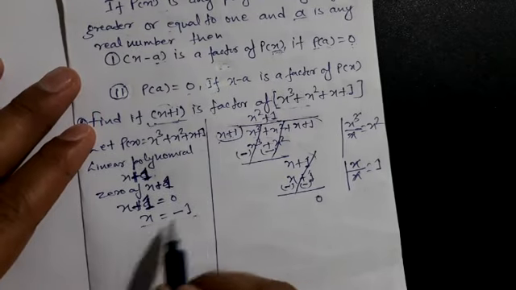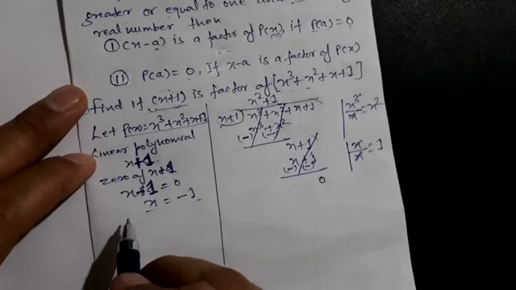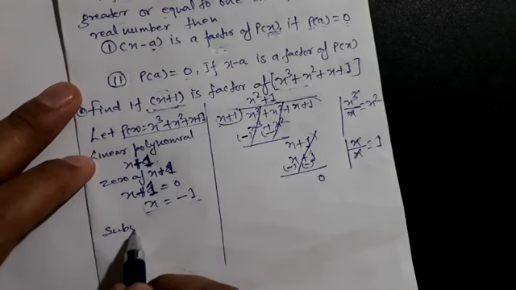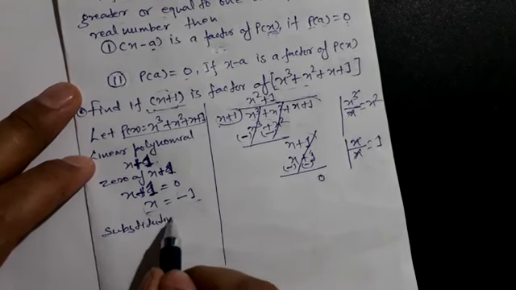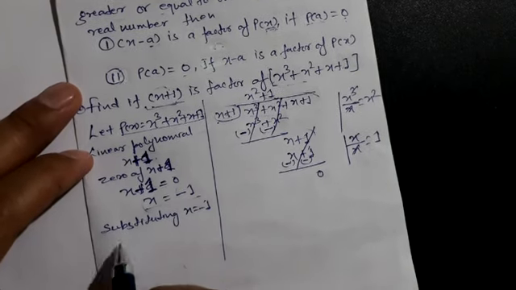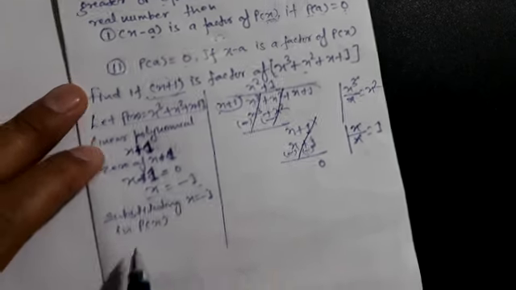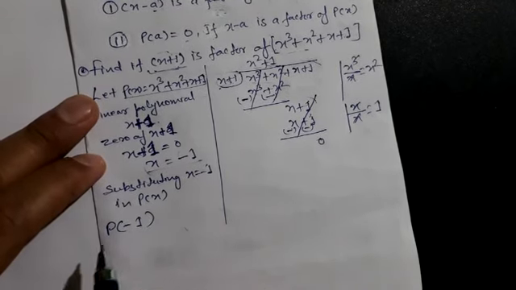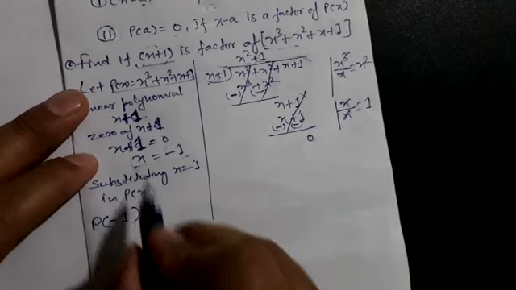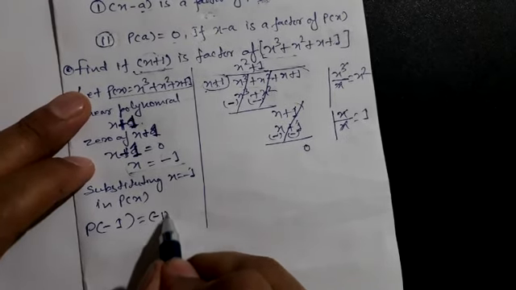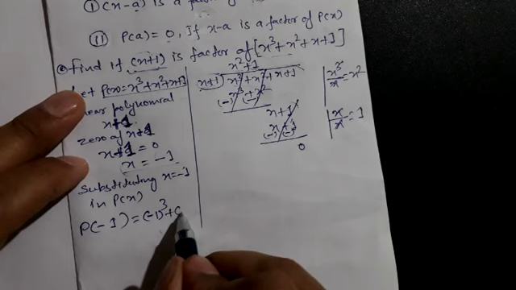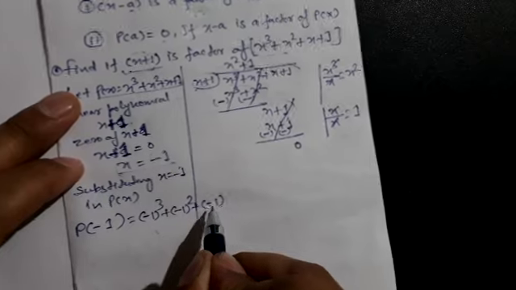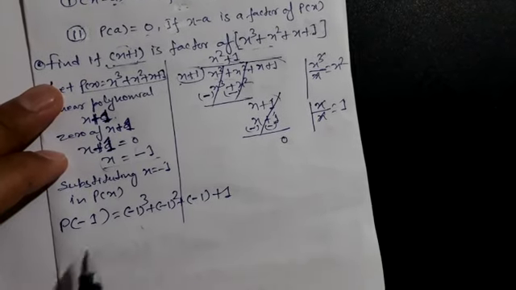Okay, so x is equal to minus 1, we are going to substitute in this polynomial. So substituting x is equal to minus 1 in p of x, it will become p of minus 1. p of minus 1 is equal to, in place of x, minus 1 cube plus minus 1 square plus minus 1 plus 1.